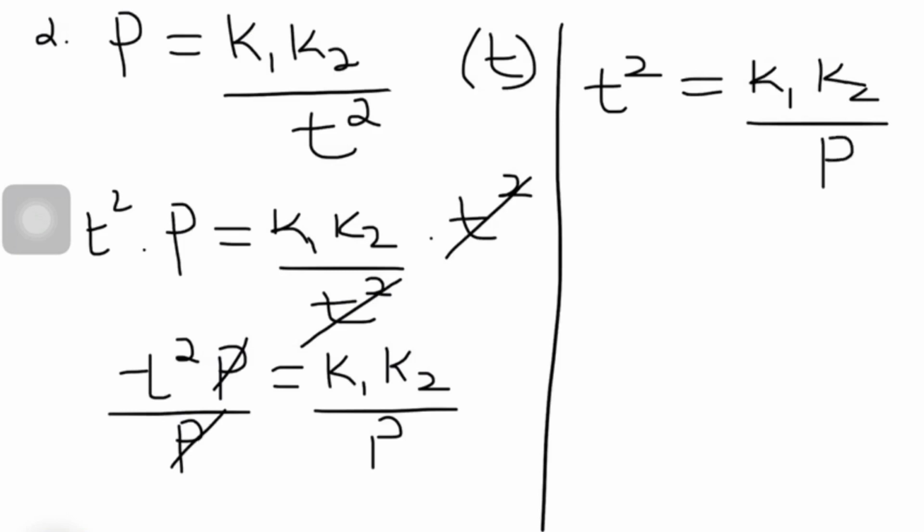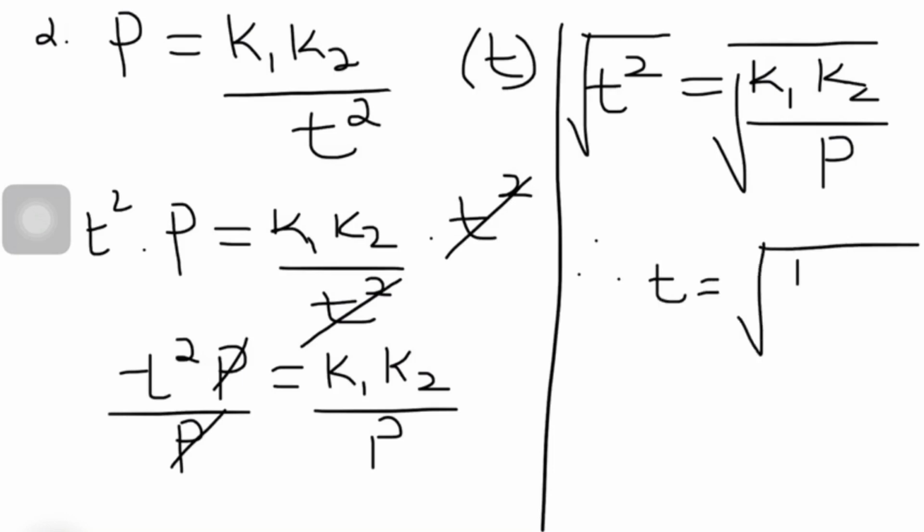But we don't want t squared, we want t, and therefore we have to find the square root of both sides. Hence we remain with t is equal to the square root of k1, k2 divided by p. And that's your answer for this example.